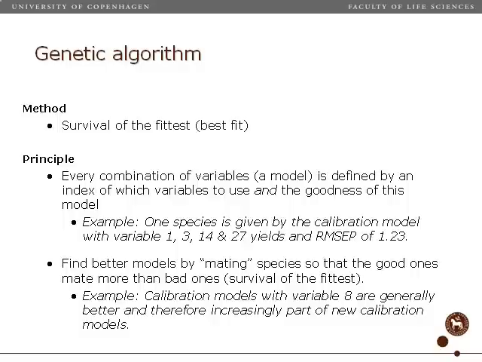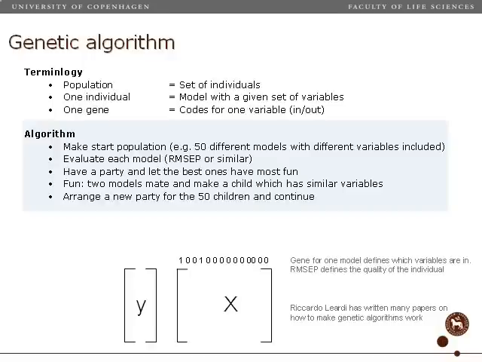We generate a number of different models, and then we find new models based on the results in such a way that the good models, those that have a low error, have a higher chance of influencing the result. The terminology used is that we start out with a population, for example 100 different individuals, and an individual means a model with a given set of variables.